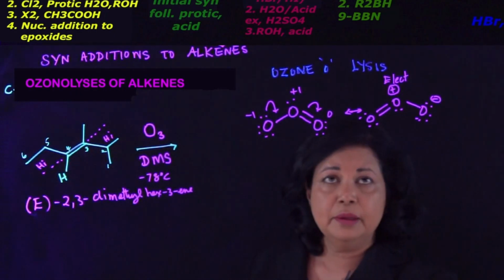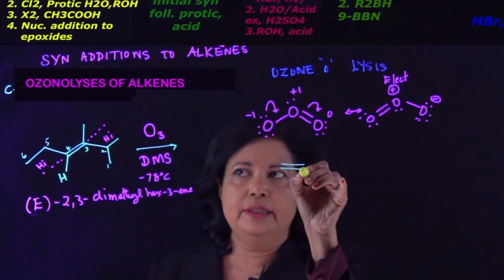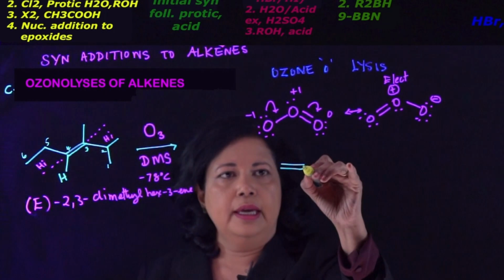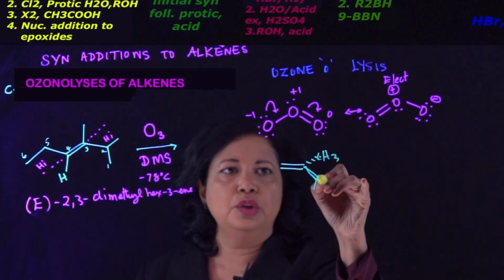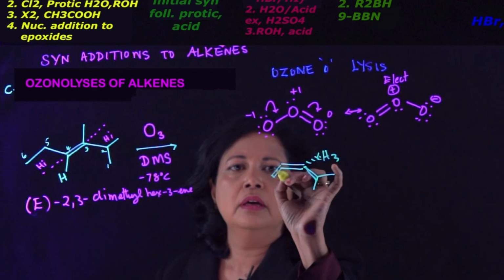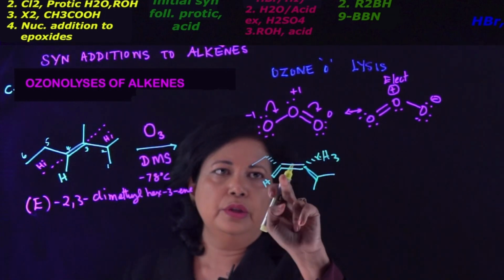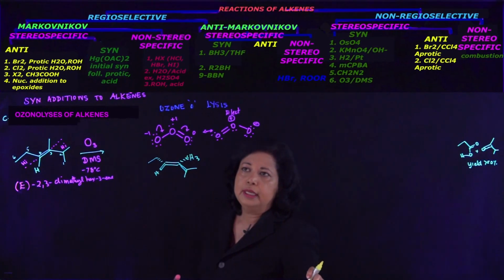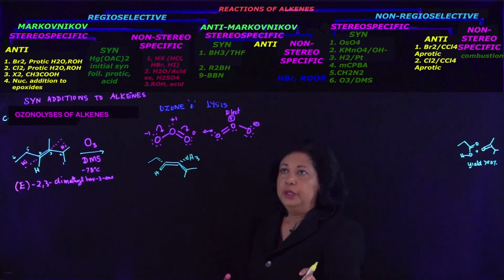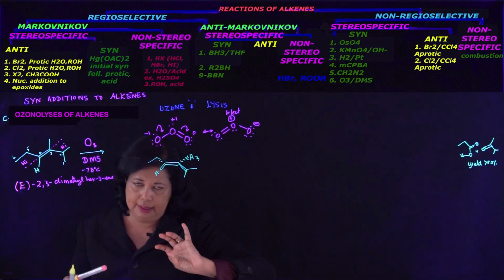All right, let's look at the reactions. We are going to have a pi bond sitting right here, and we are going to have an isopropyl on this side, a hydrogen here, and an ethyl going back. So that is your geometry at the beginning. You can have your ozone add on top, or you can have it add at the bottom.